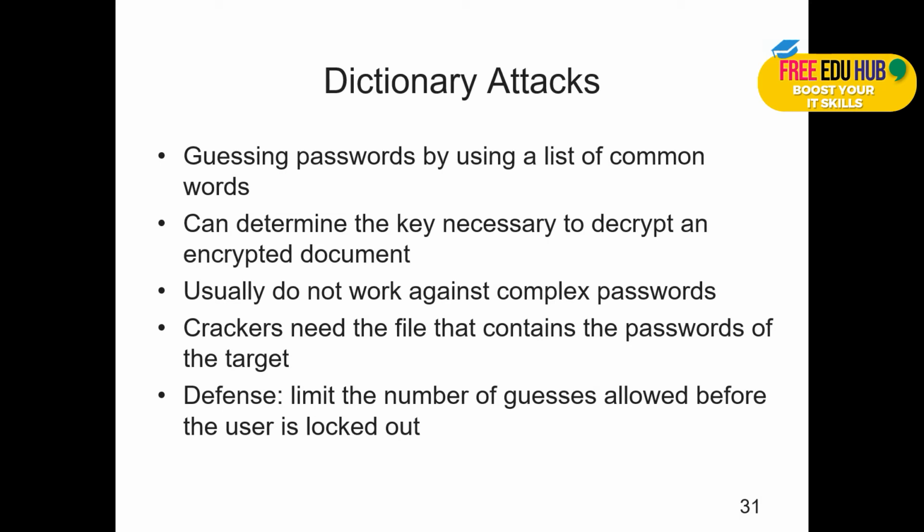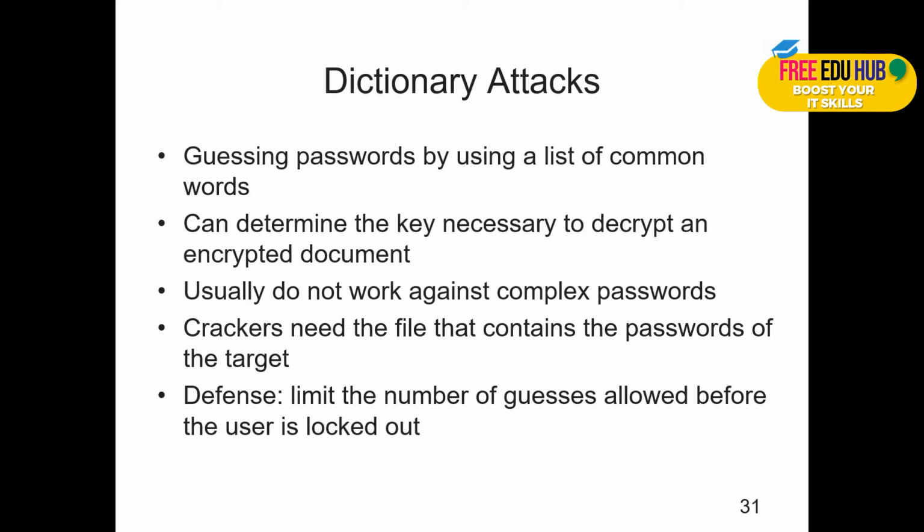It can determine the key necessary to decrypt any encrypted document. That's for symmetric, because in symmetric encryption you have only one key to encrypt and decrypt. Dictionary attacks usually do not work against complex passwords, and crackers need the file that contains the password of the target. The defense is to limit the number of guesses allowed before the user is locked out.